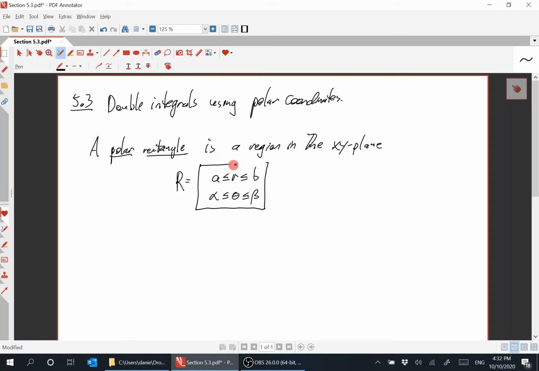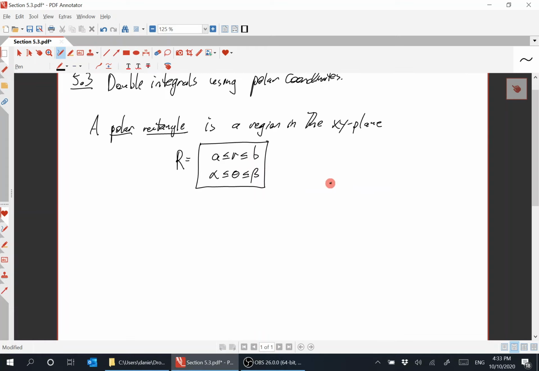So it's in the xy plane, but we're using r and theta, indicating that we're going with polar coordinates. So it looks something like this.